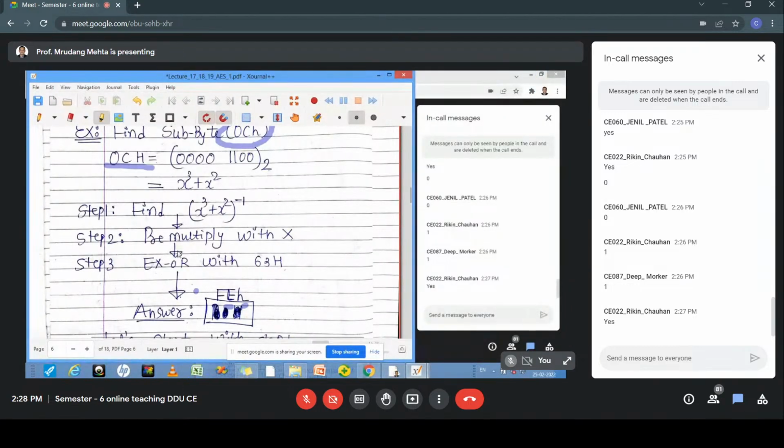First multiply, then add. Do you remember that? First multiply, then add. Affine cipher. So we add with 63H.